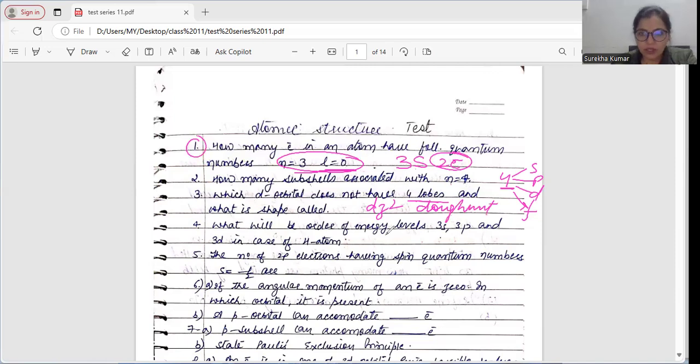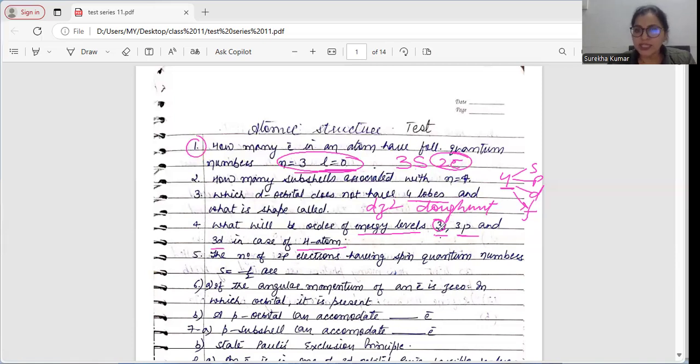What will be the order of energy levels? 3s, 3p, 3d in case of H atom. The question is, arrange these in increasing order of energy or decreasing order of energy. Or we can say out of these three, which has the higher energy and which has the lower energy. Let me tell you, in case of hydrogen atom, energy is decided on the basis of principal quantum number only. 3s has a 3, 3p has 3, 3d has 3.